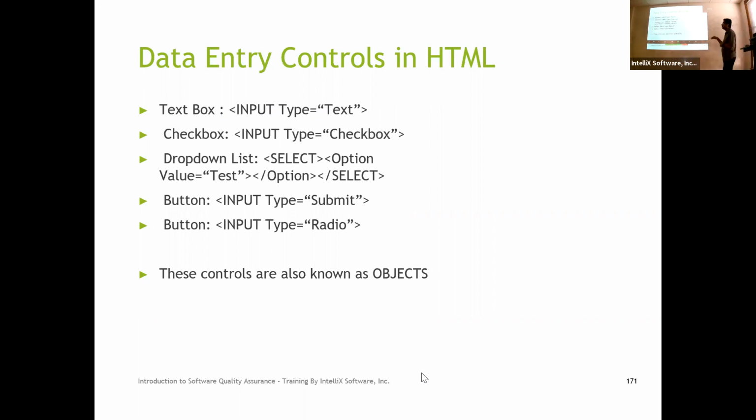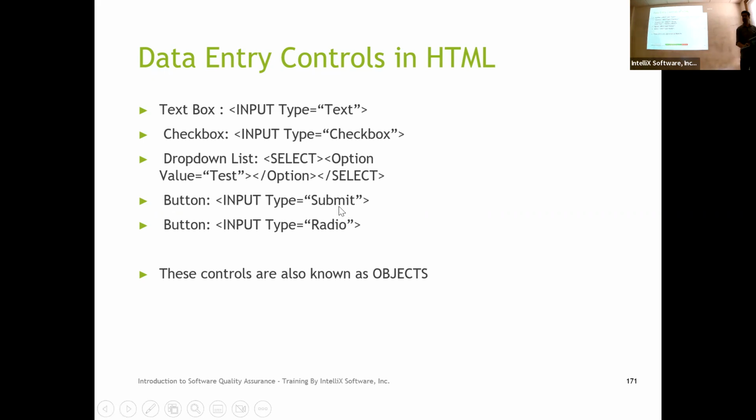So there are a whole bunch of what are known as data entry controls available in HTML that you can use. Things like a text box, which gives you an input where you can type in text. Then you will have a submit type. Remember you have a login; you can name that page and say the input type is a button and it submits.